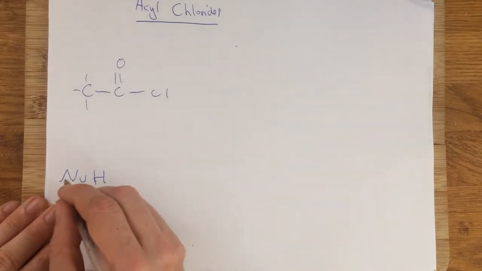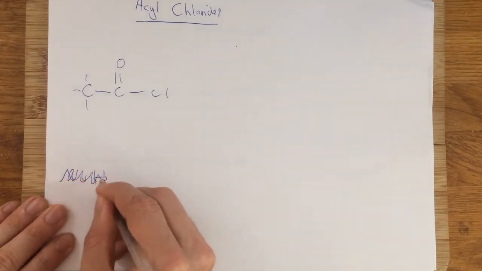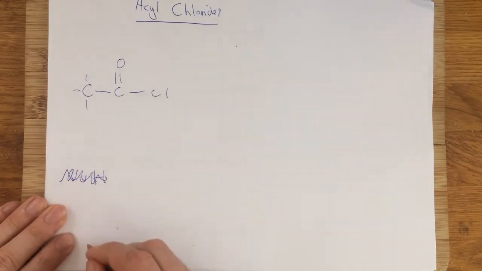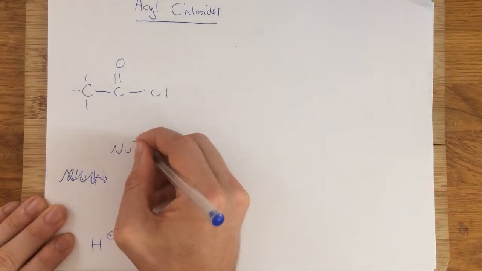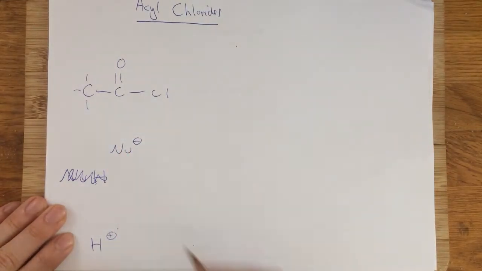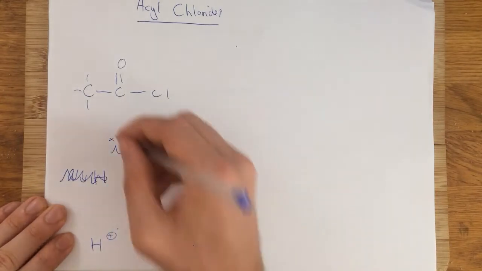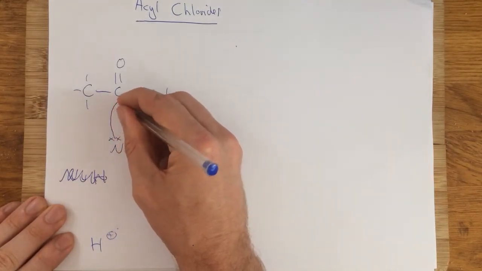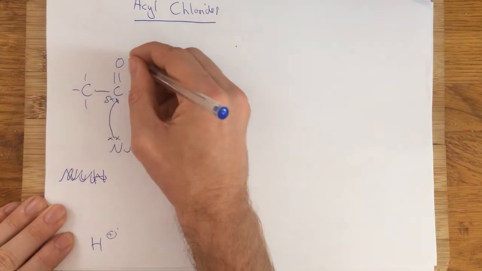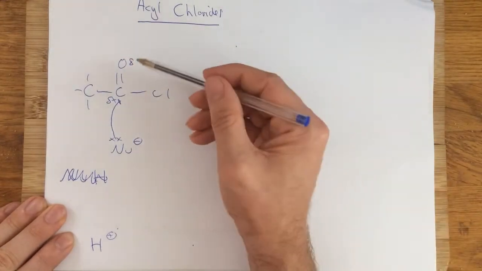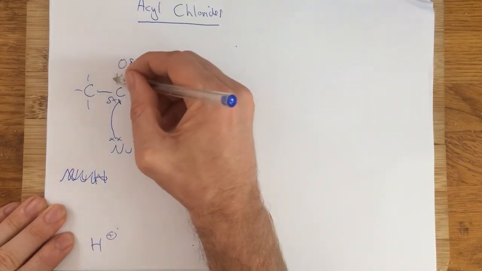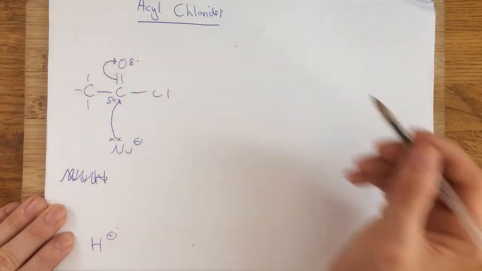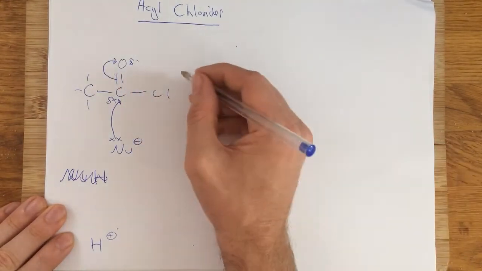Now, what we can do is break this down and say the nucleophile is going to release that H as a H+, and we'll be left with our negative nucleophile. This can then attack the delta positive carbon. There's going to be a dipole here because of the difference in electronegativity. And so this will break that bond there.